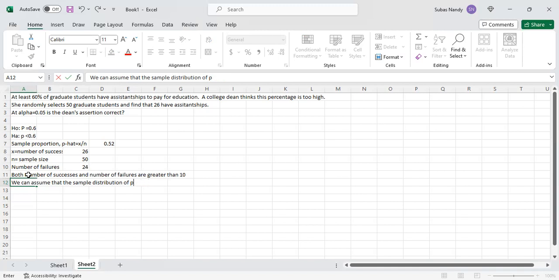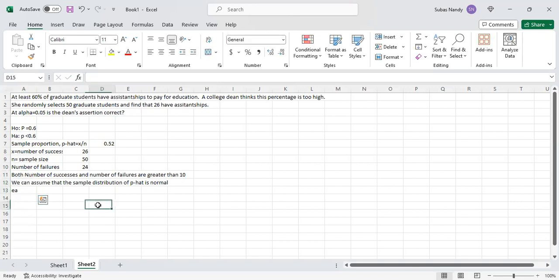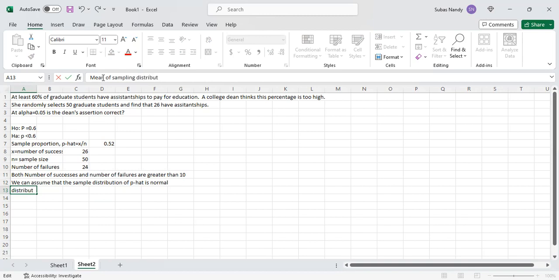And the mean of the sampling distribution is equal to P, the population proportion.